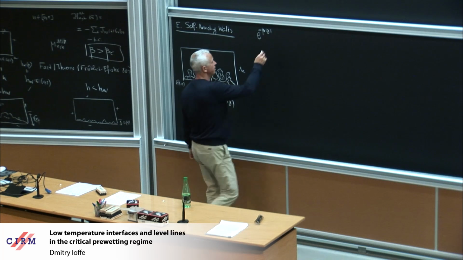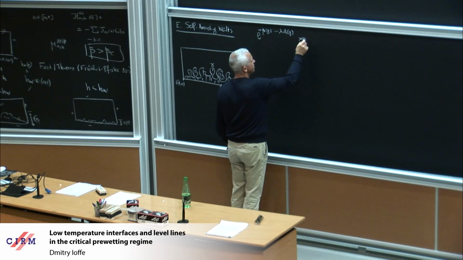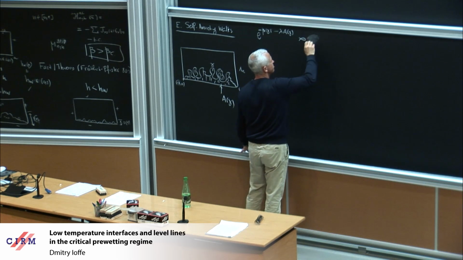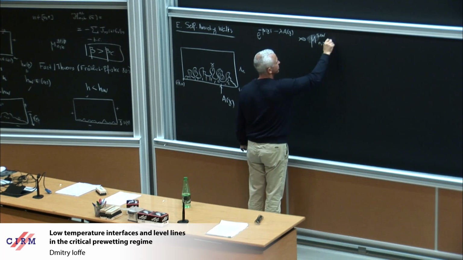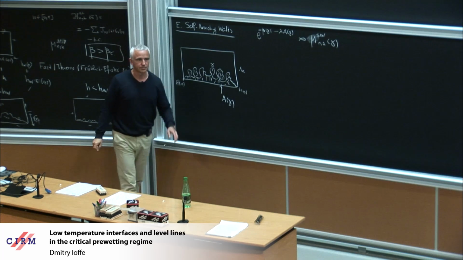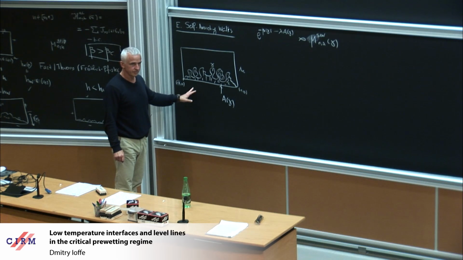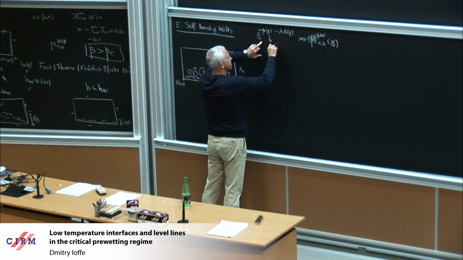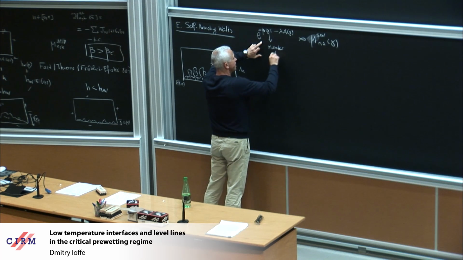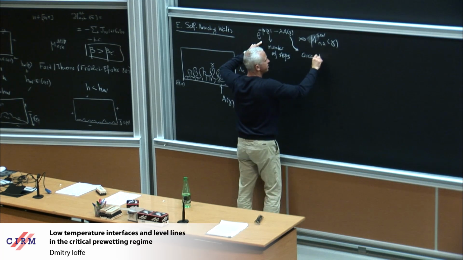So then I'm putting e to the minus lambda A of gamma, and this will be my measure mu for self-avoiding walks, n lambda. The absolute value of gamma is the number of steps, and this is the area behind.